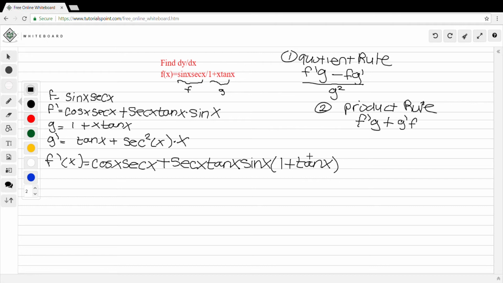And then we're going to subtract this. I'm going to put brackets: sine x secant x, multiplied by tangent x plus x secant squared x.